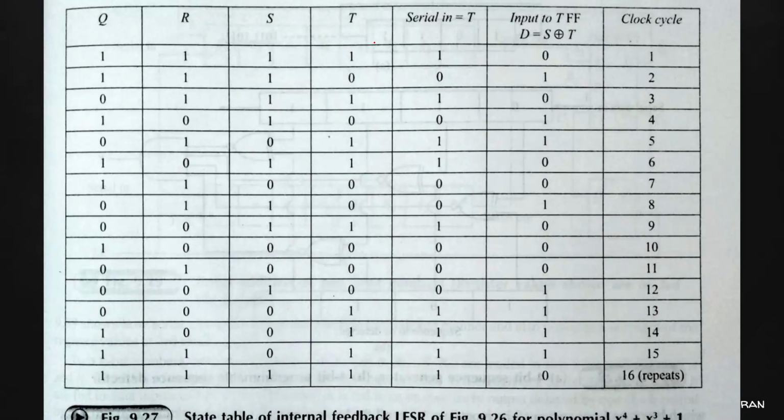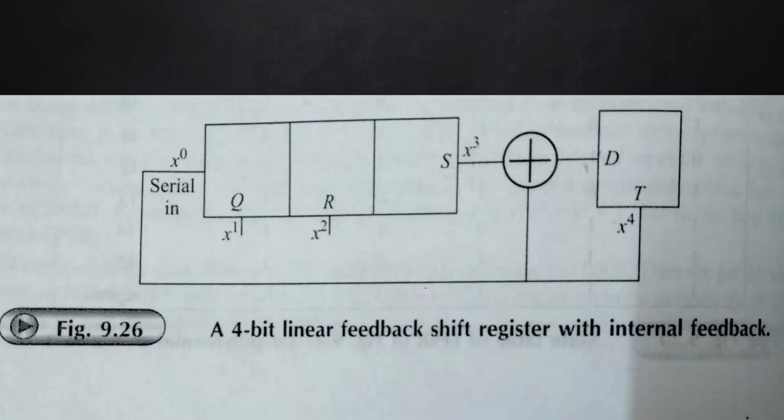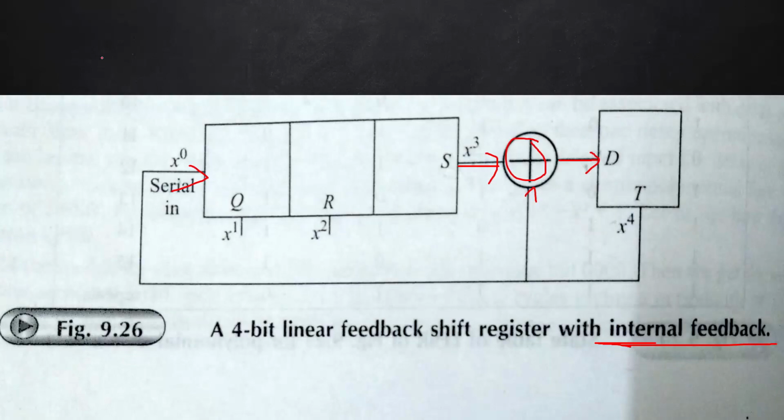Here S and T values we need to XOR. That value is 0. This 0 forms the input to our last flip-flop, and the output of our last flip-flop is considered as the input of your first flip-flop. That is the case of internal feedbacking based on this representation.